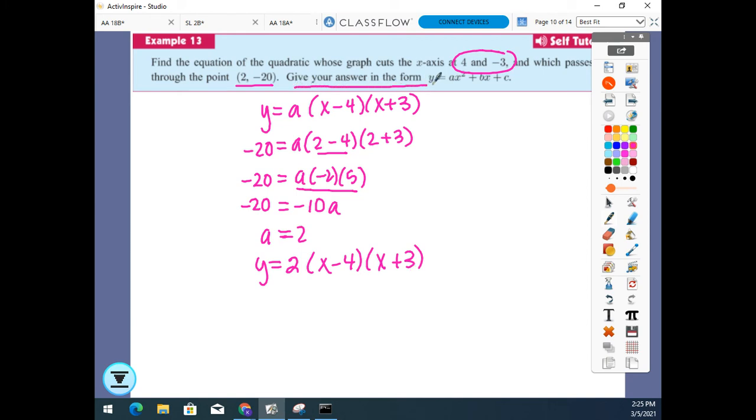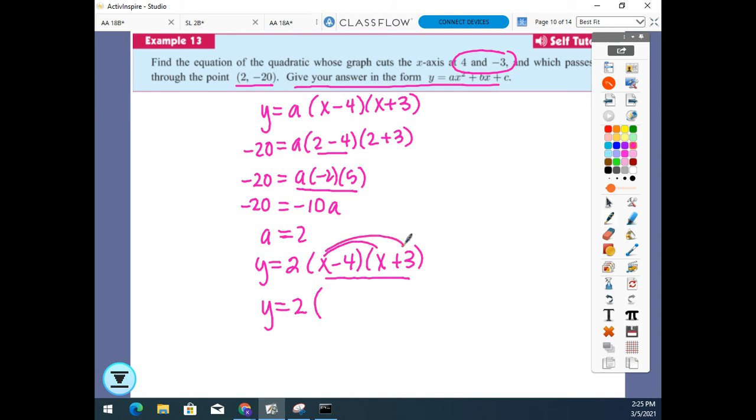But if the last line they ask us to change this into standard form, you can do this one of 2 ways. I'm going to distribute my parentheses first. So I'm going to hold off and keep the 2 on the outside.